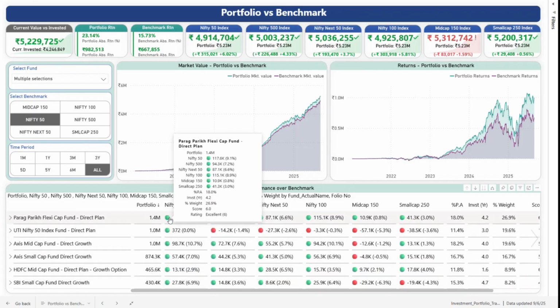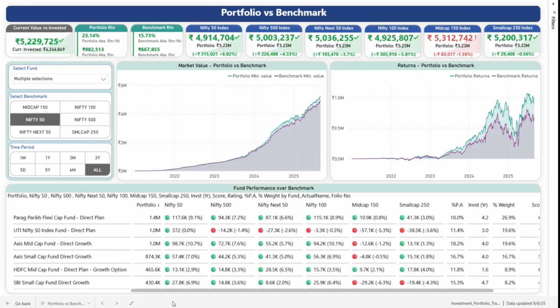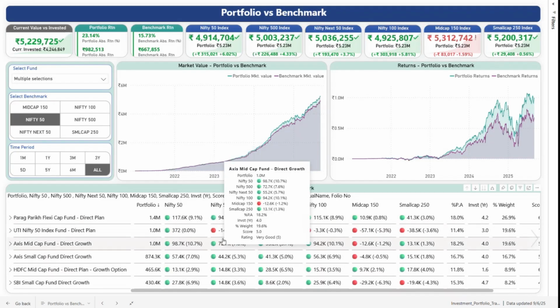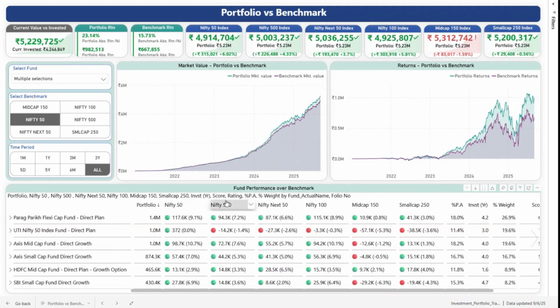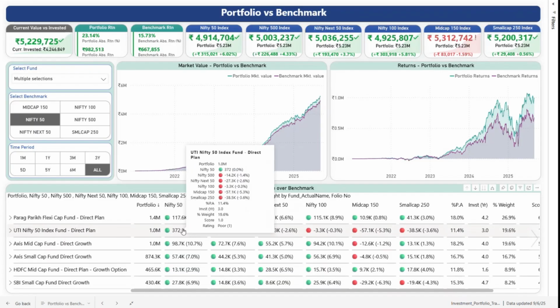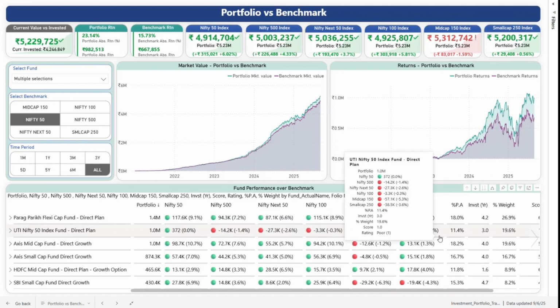Green indicates I am able to outperform the index. All six funds are able to outperform, except the UTI Nifty 50 fund. The UTI Nifty fund is able to outperform Nifty 50, but not Nifty 500, which is fine because it is a Nifty 50 index fund, which is better compared against Nifty 50, and it is not able to outperform all the other indices.